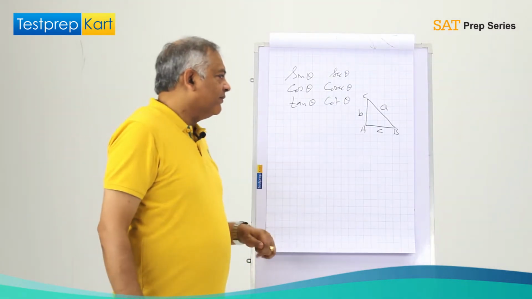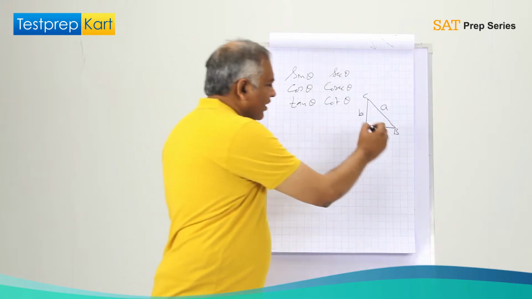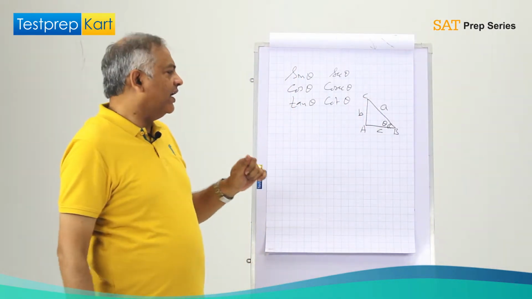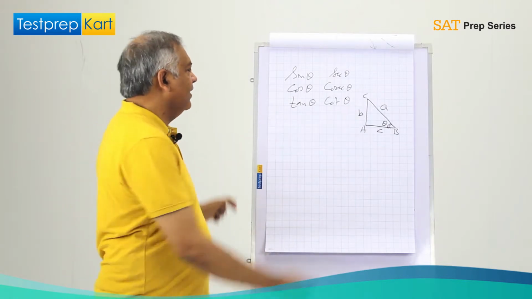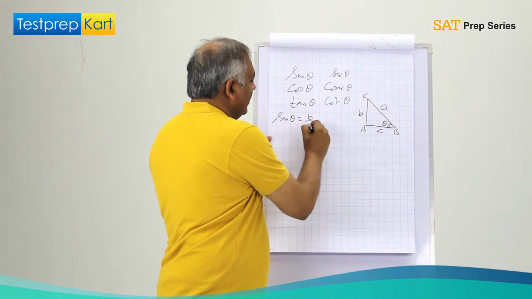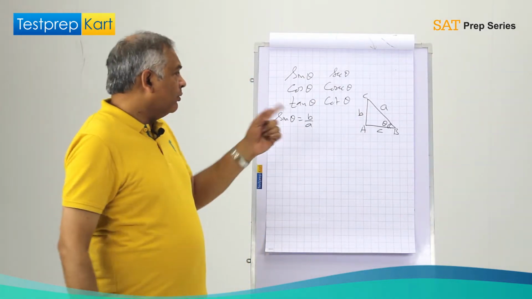Now let's take this angle to be theta. Sine theta is defined as B by A, so sine theta will be equal to B divided by A. What will be cos theta?